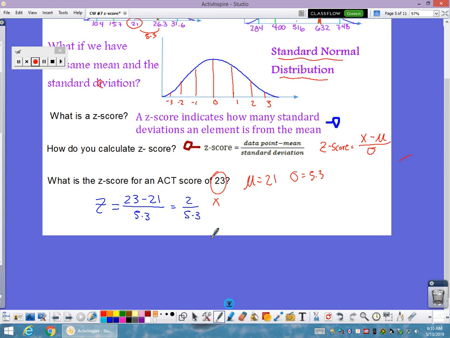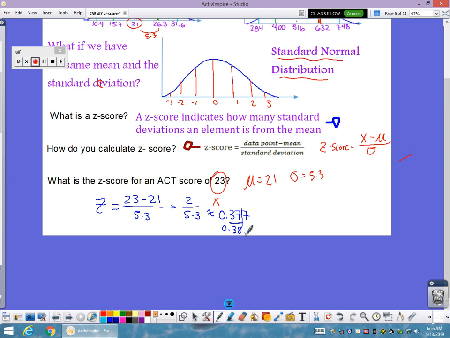Type that in our calculator and see what we get. 2 divided by 5.3 is about 0.377. Now we're going to go to 2 points beyond the decimal, right? So the hundredths place. So I'm going to round that up to 0.38. 0.38.